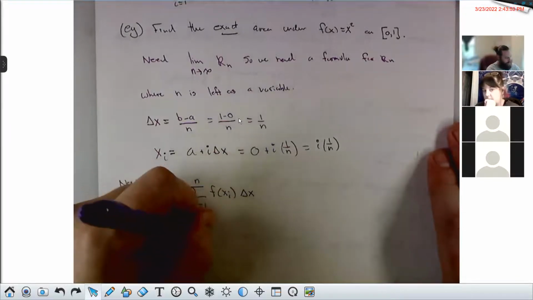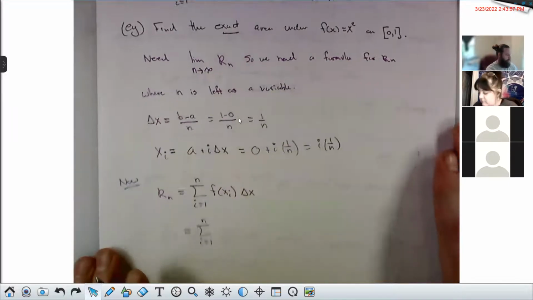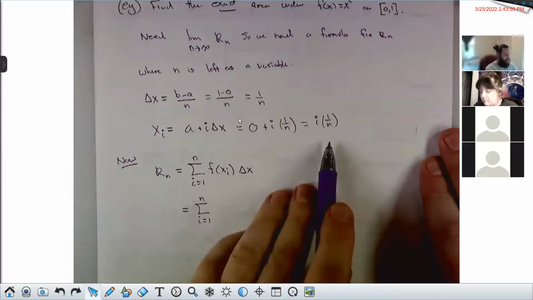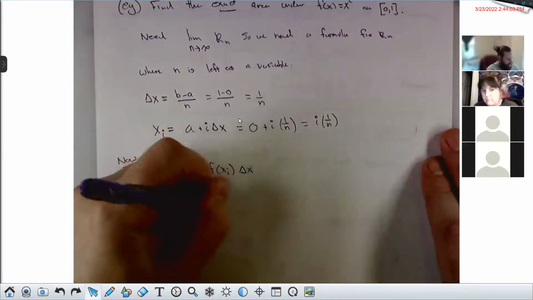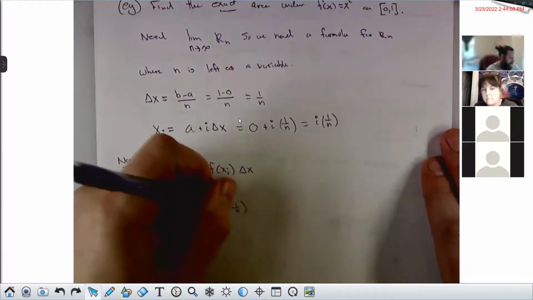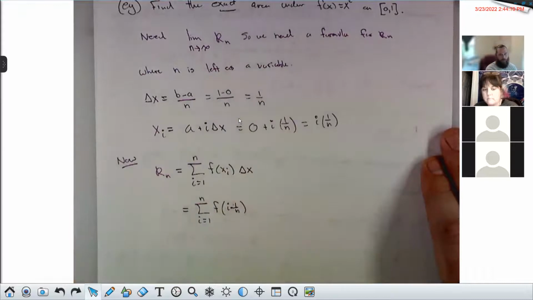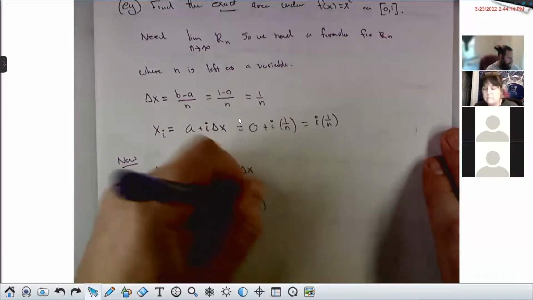Which is the sum from i equals 1 to n. The xi's here are i times 1 over n. So this is f of i times 1 over n. And delta x we know is 1 over n.